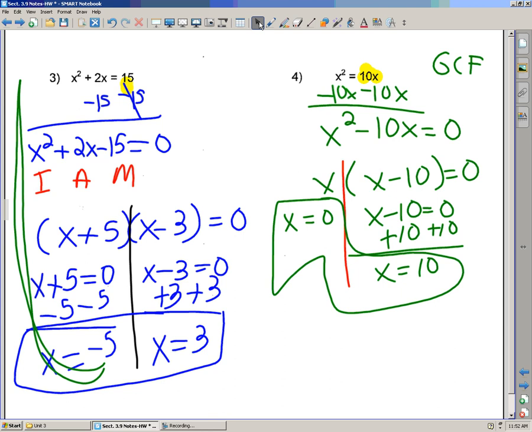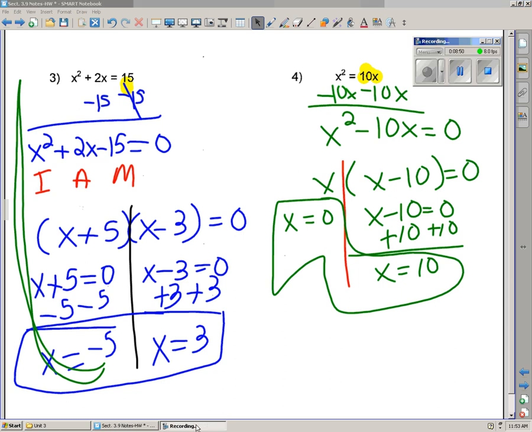And it should make a lot of sense, because when 0 gets plugged in for x, 0 squared is 0. When that same 0 goes on the right, 10 times 0 is also 0. So 0 equals 0. When 10 gets plugged in on both sides, 10 squared is 100, and 10 times 10 is also 100. So both those answers are correct.